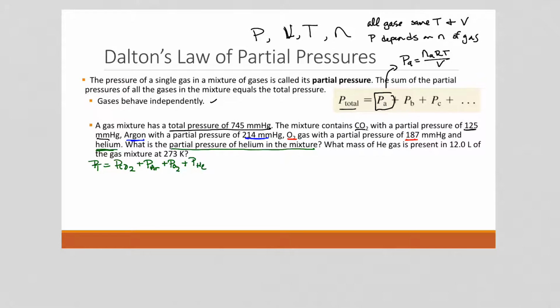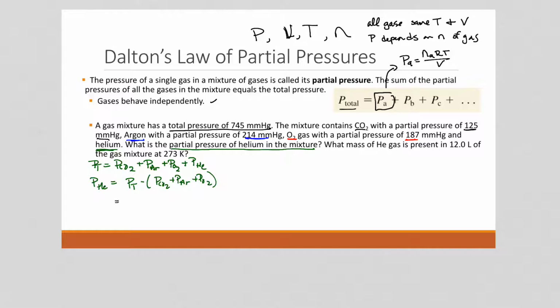And since we want to solve for the pressure of helium, the pressure of helium would be equal to the total pressure minus the pressure of CO2 plus the pressure of argon plus the pressure of O2.